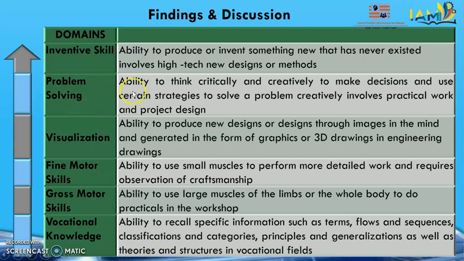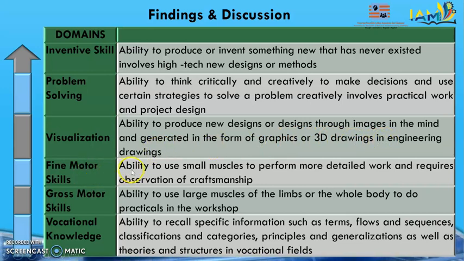Problem solving: the ability to think critically and creatively, to make decisions and use certain strategies to solve a problem creatively, involving practical work and project design. Visualization: the ability to produce new designs or visualize images in the mind and generate them in the form of graphic or 3D drawings in engineering drawings.